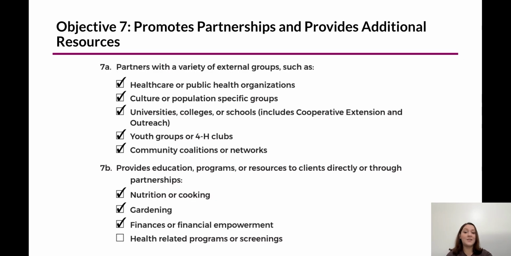Maybe they offer financial education, such as programs on budgeting. Occasionally, they host health-related screenings or clinics like blood pressure checks, vaccine clinics, or other general health education. If the pantry offers or partners with any of these programs, make sure to mark this section for them.